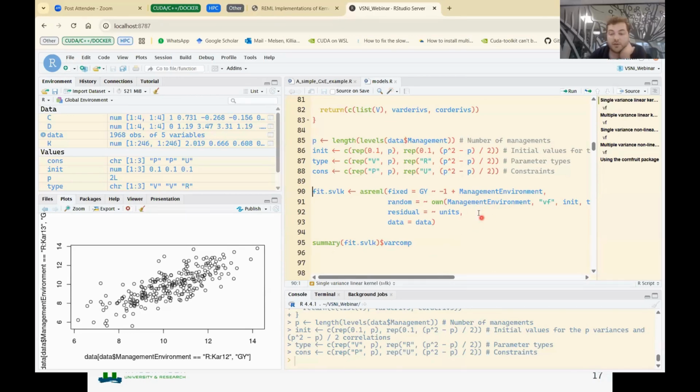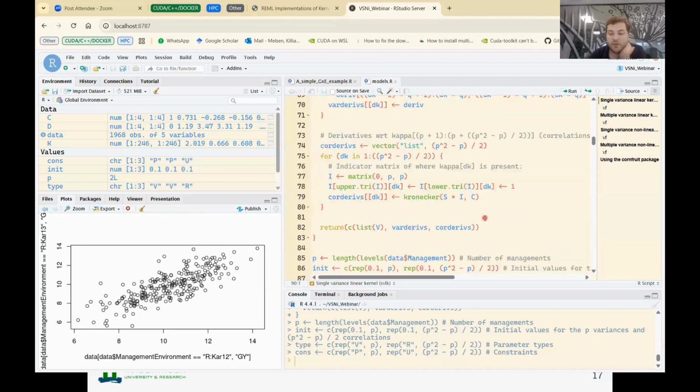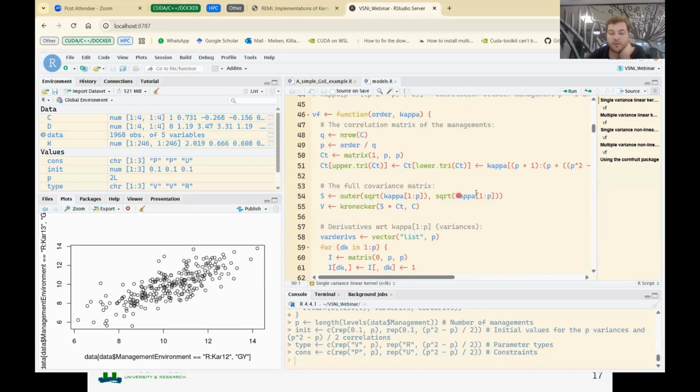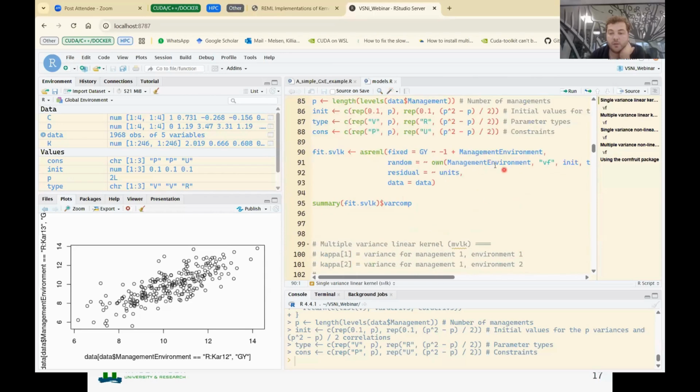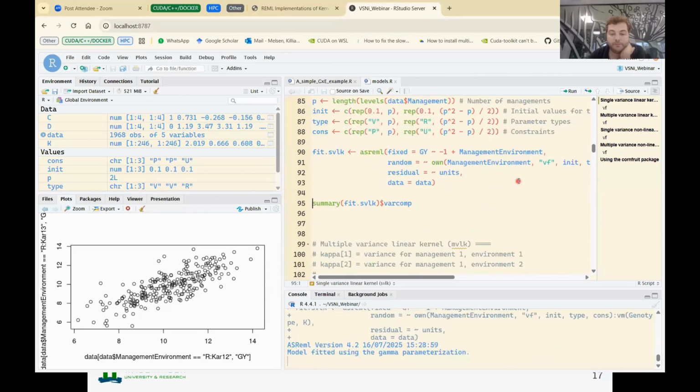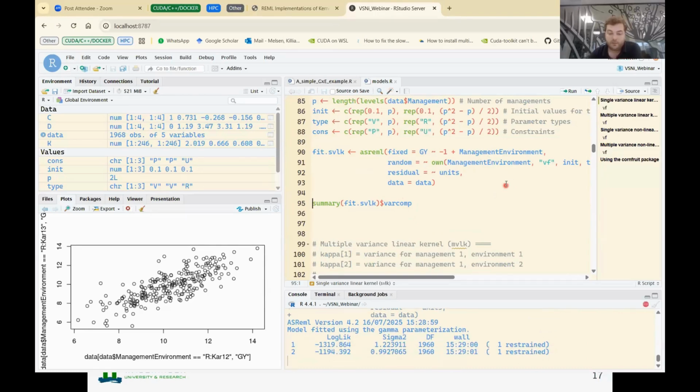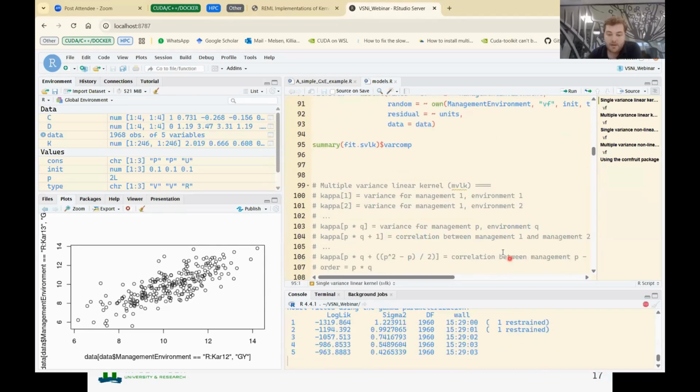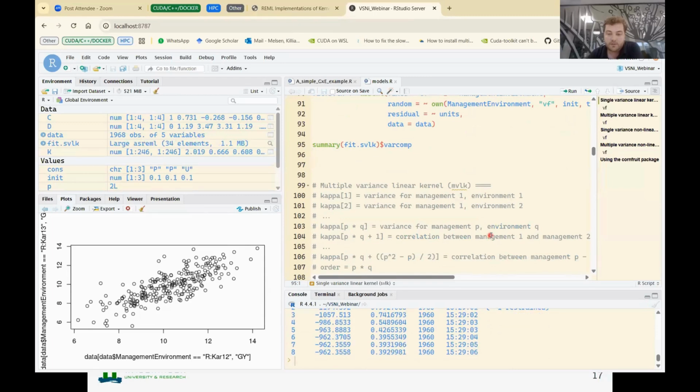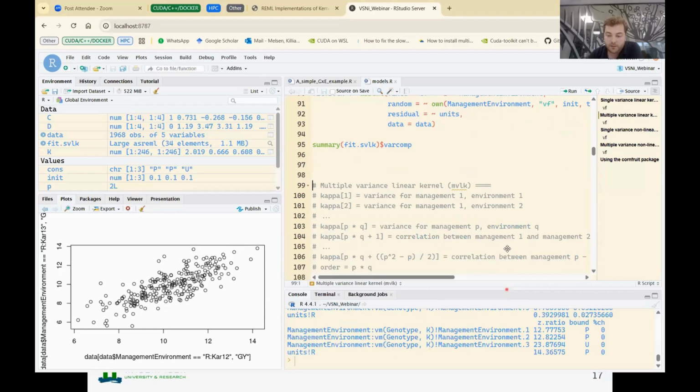So we construct this Kronecker product that I mentioned. We actually construct that within the function, which means that we only need a single factor here. Fit it, and then once it converges, we'll look at the variance components.